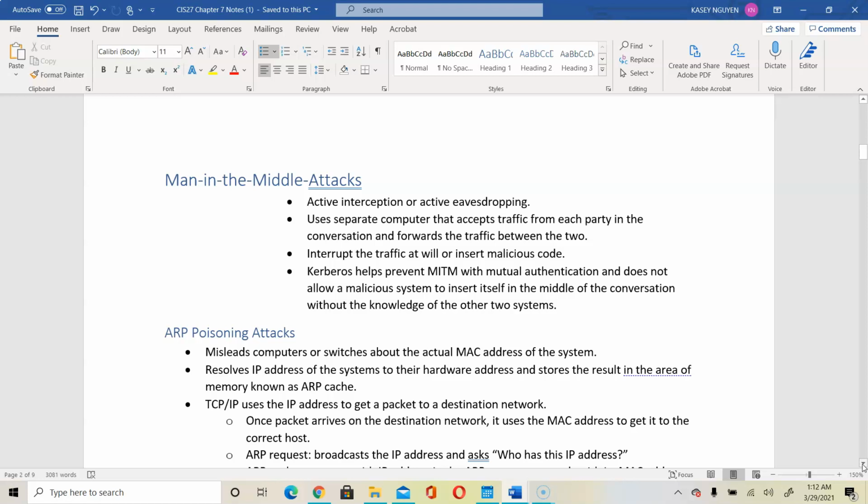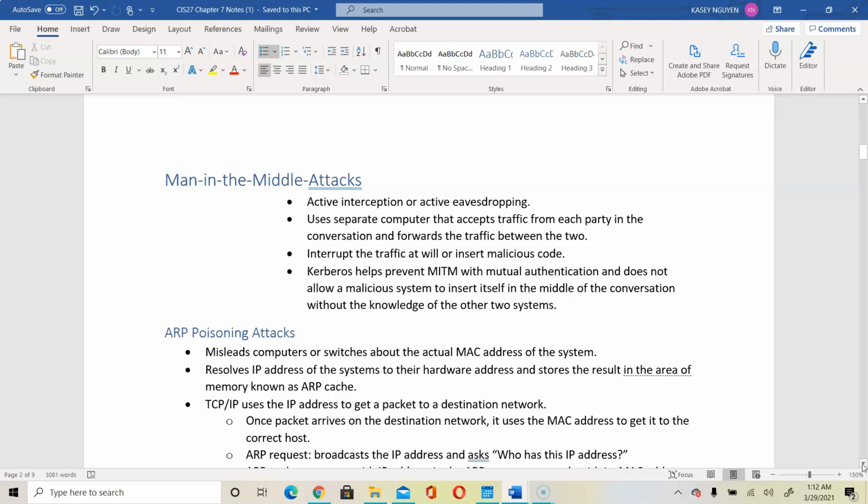They would use a separate system that accepts traffic from each of the parties, the source and the destination, and they would forward the traffic to another system. In the process of doing that, it will interrupt the traffic.